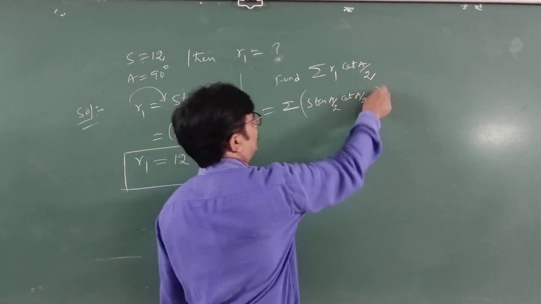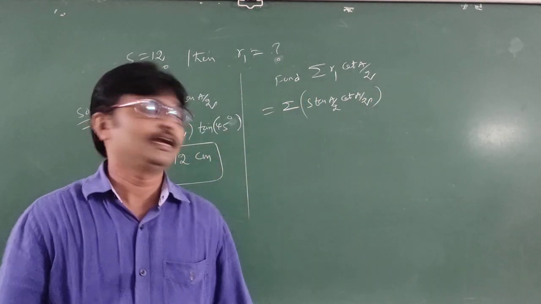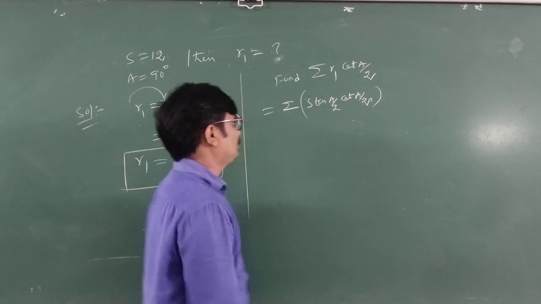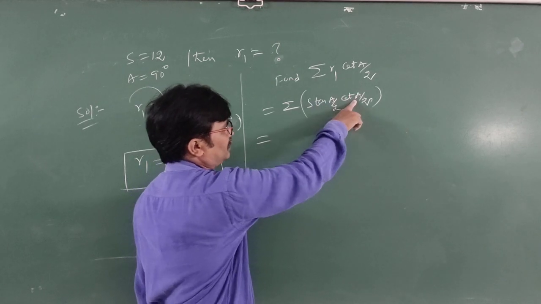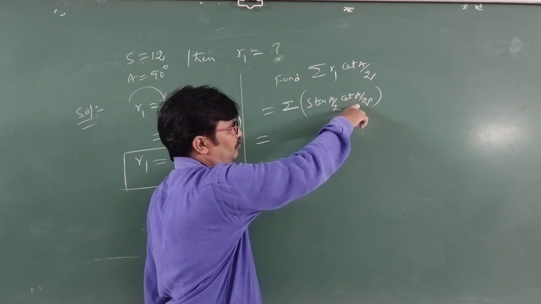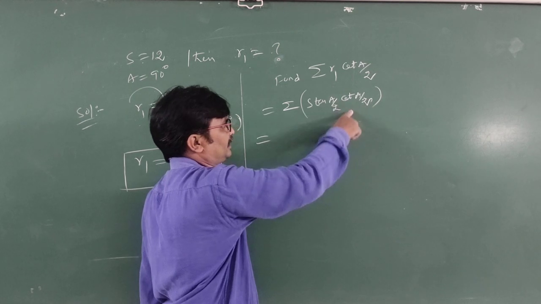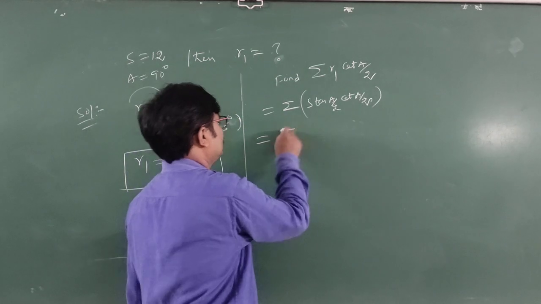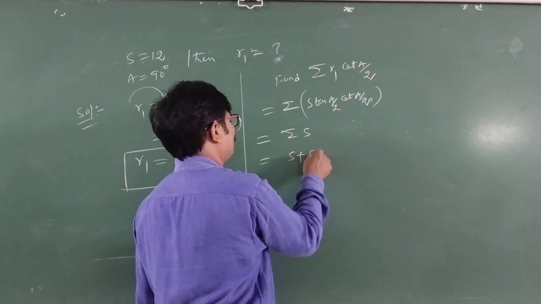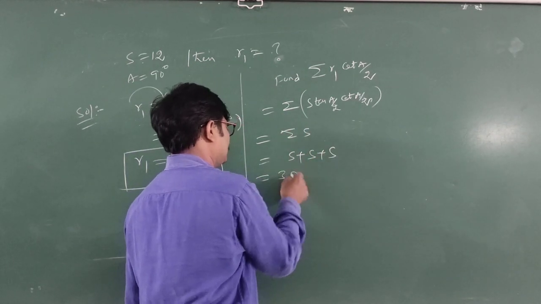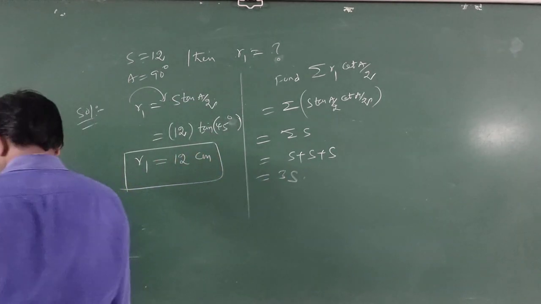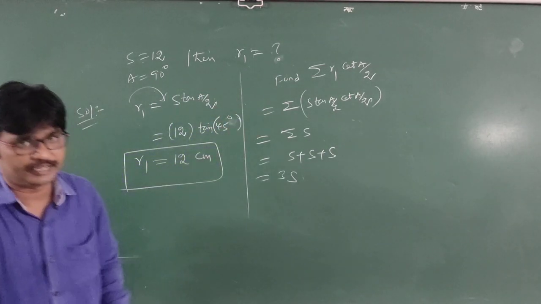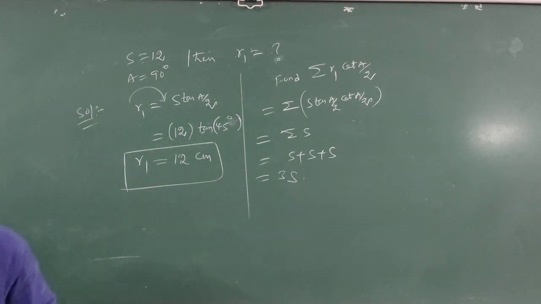Similarly, s tan b by 2 cot b by 2, s tan c by 2 cot c by 2. Cot is the reciprocal of tan, that is 1 by tan a by 2. So tan cancels. Tan a by 2 into cot a by 2 is 1. So we get sigma s, and s plus s plus s is 3s. This is sigma r1 cot a by 2 in terms of s.